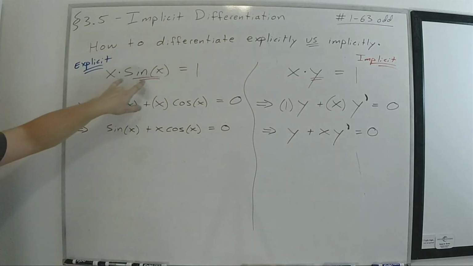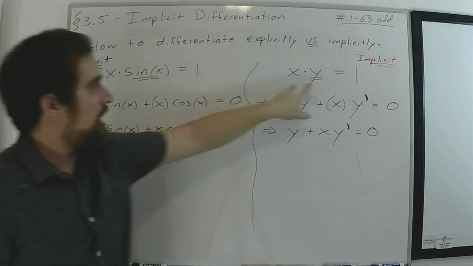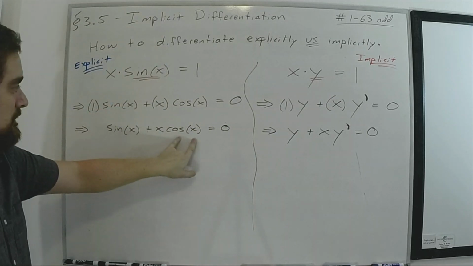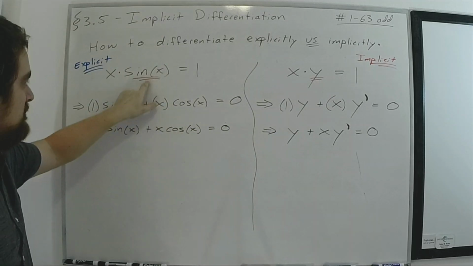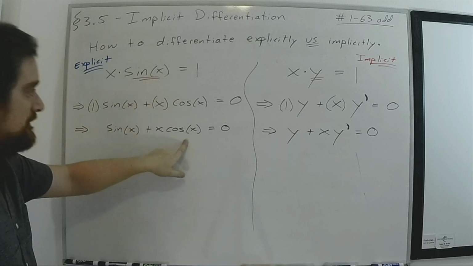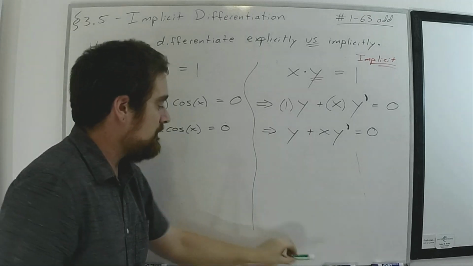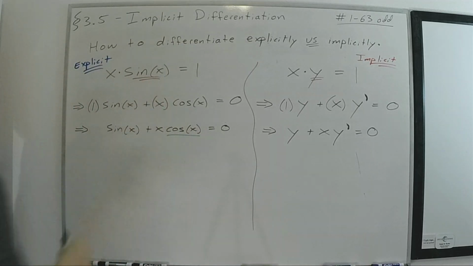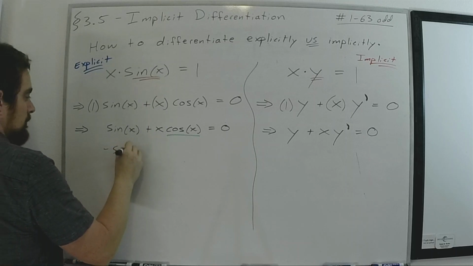Now again, if this is my function y, and I want to know what the derivative of y is, well, here it is right here. The derivative of just sine of x is just cosine of x. So if I really wanted to isolate the derivative of that red, I would have to do a little bit of algebra.